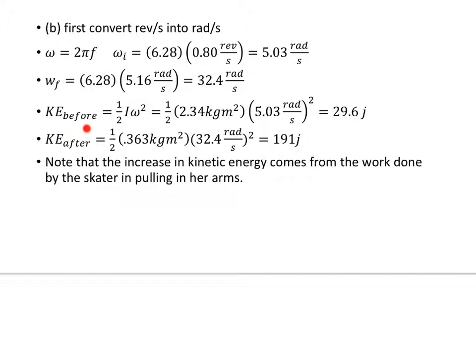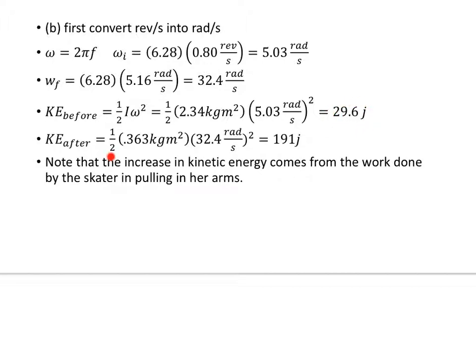Okay, now we can compute her kinetic energy before she pulls her arms in, 1/2 IW squared. There's the moment of inertia. There is her angular velocity, and that comes out to be 29.6 joules.